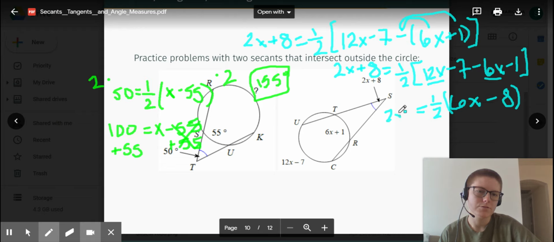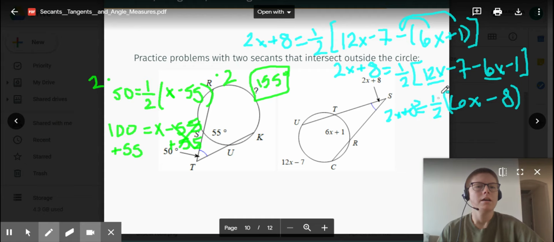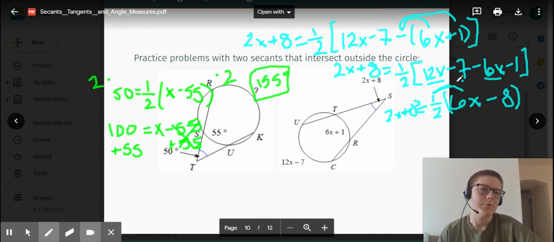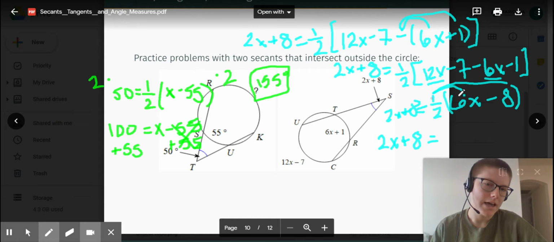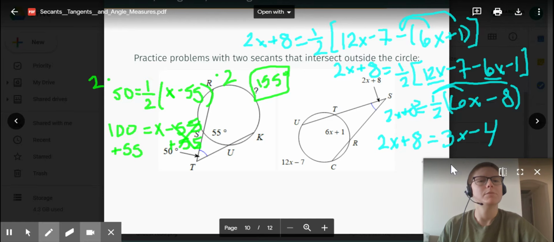Still have 2x plus 8 over here. Distribute this half. This time I'm okay with it because these both have even numbers, so it'll be easier to distribute it than it would have been over here when this was 1x and this was 55, so odd numbers. Half of 6x is 3x, half of 8 is 4, and then we just got to combine our like terms.